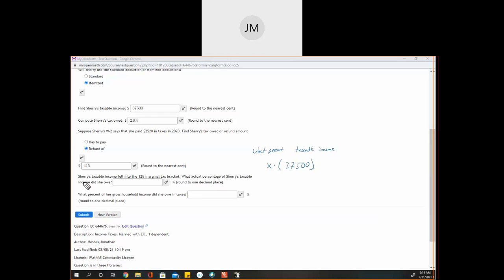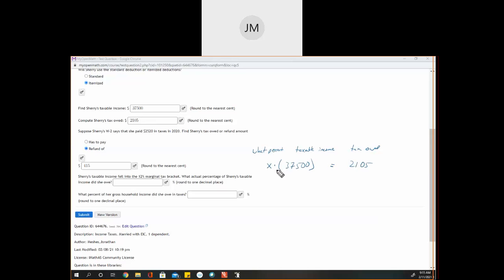Did she owe? Another way to look at that is, what percent of the taxable income is equal to what she owed? And that's $2,105.